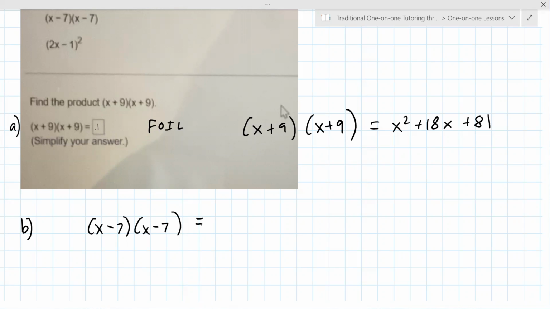All right, so why don't you try the next one? And the idea here is that there's like a pattern to be seen.